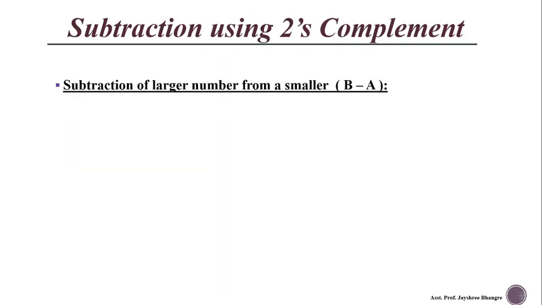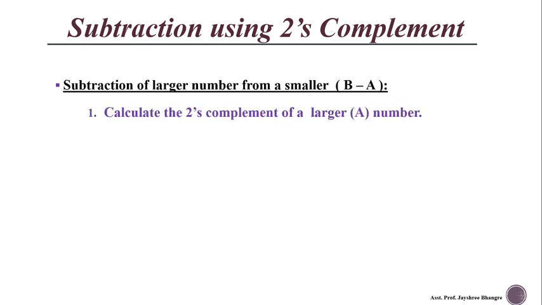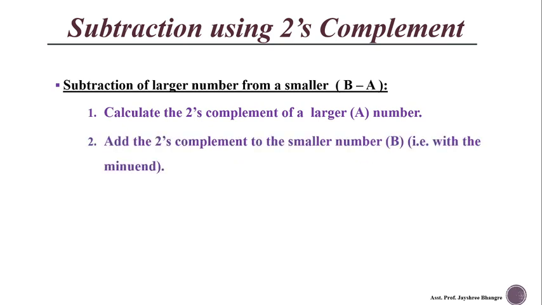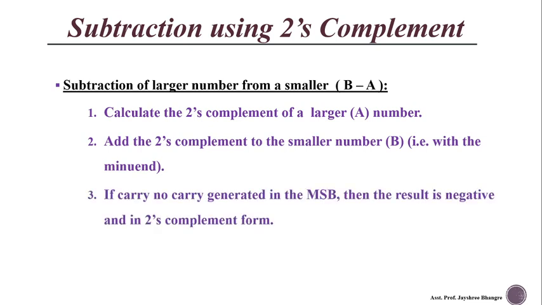Now if we want to subtract a larger number from a smaller number, that is B minus A, what are the rules? Again, the first rule is to take the 2's complement of the subtrahend, that is the negative number, then add this 2's complement to the minuend.